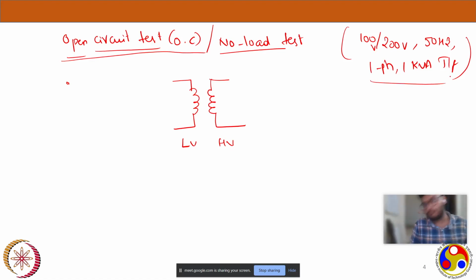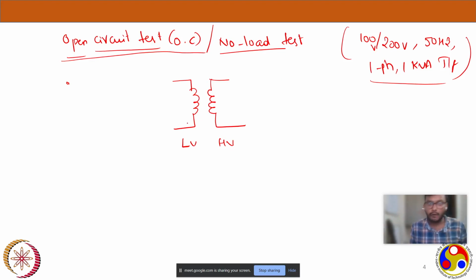So let's say you have been to a lab, and there you are given this particular transformer. Now looking at this, you can tell which is the low voltage and which is the high voltage side. So the LV side will be the 100 volt side and the high voltage side will be 200 volts.